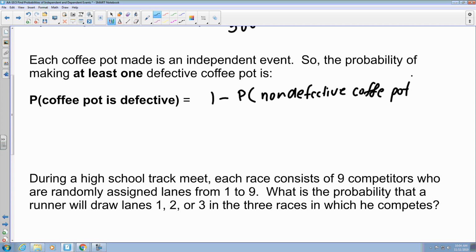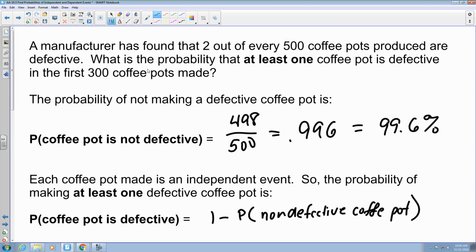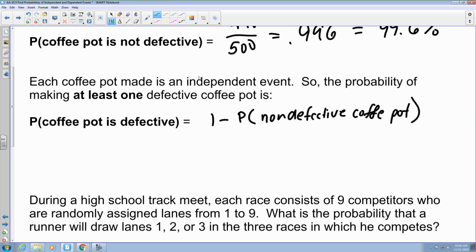But at least one is out of 300, so we're going to raise this to the 300 power. So it's 1 minus 0.996, the chance that it's not defective, raised to the 300 power, because we have 300 coffee pots that we're trying to look at.